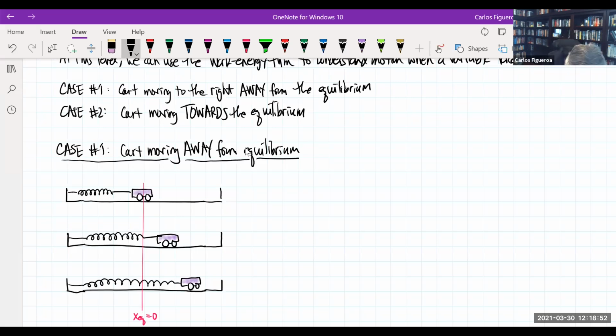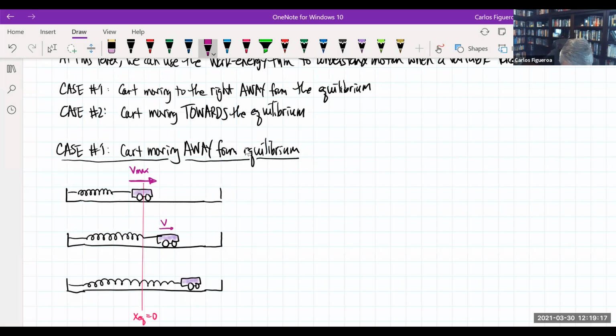So what you're seeing here is that the spring is pulling it to the left. This tells me that right here at the equilibrium, I must have maximum speed. Why? The spring force is zero. It's not acting on it. But as I move this way, the spring force is slowing down the cart.